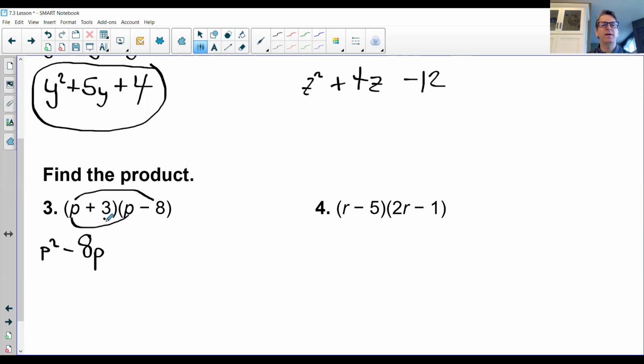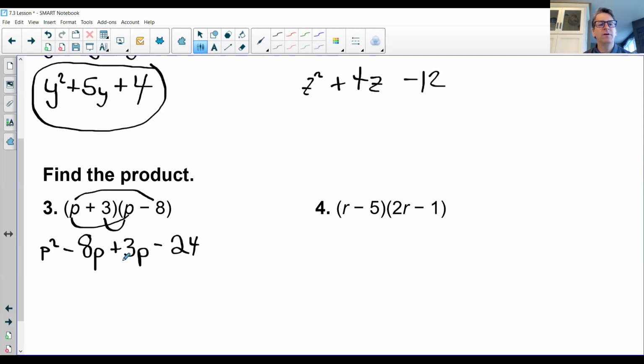Inner, 3 times P. We have plus 3P. Last, negative 8 times 3, which is negative 24.